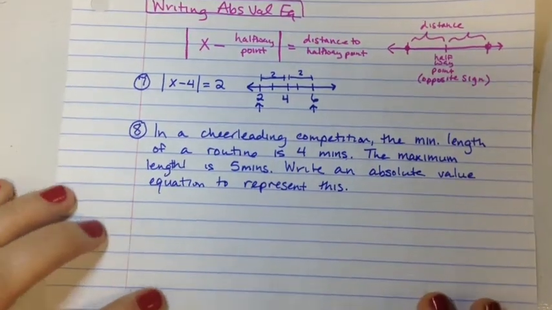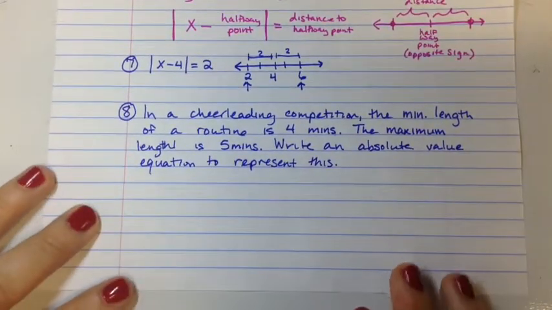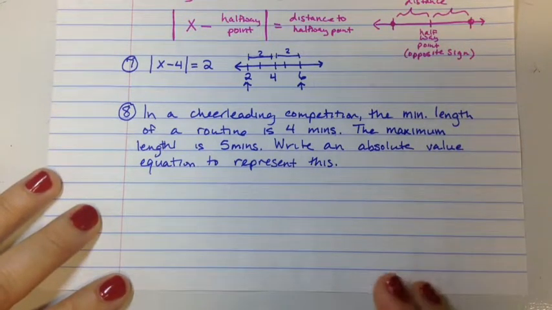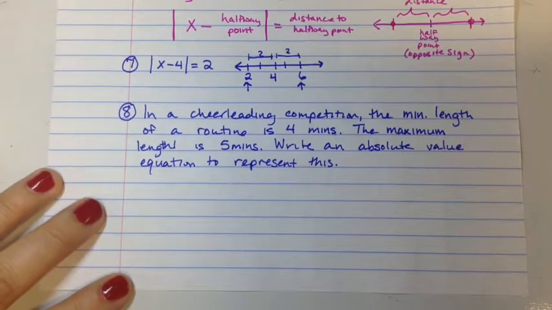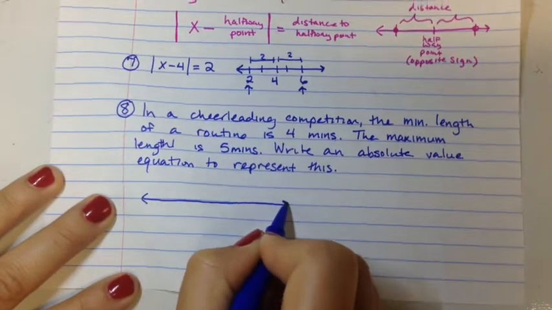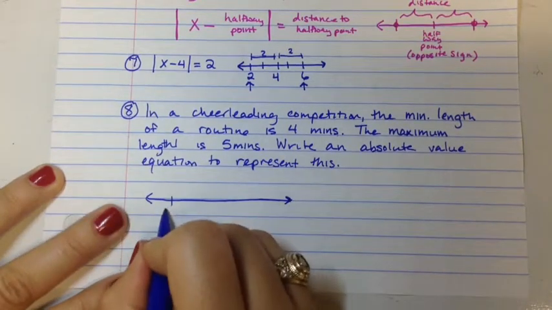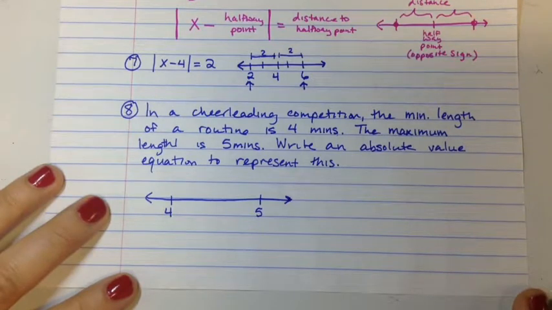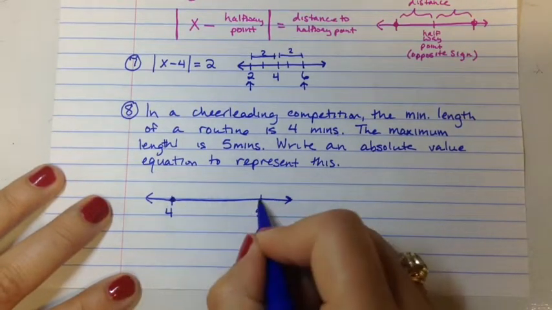Okay, wants you to write an absolute value equation to represent this. If they told us the maximum and the minimum, they've told me my solution. So if I were graphing this on a number line, we'd say that it can go from 4 minutes to 5 minutes. Okay, those are my solutions.